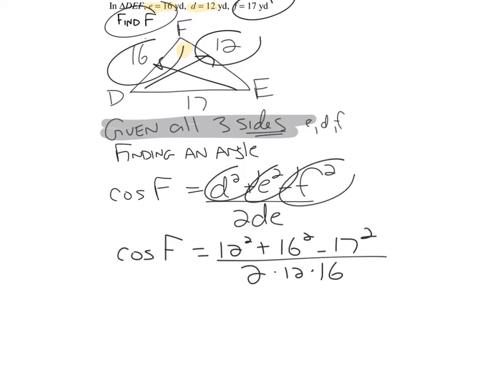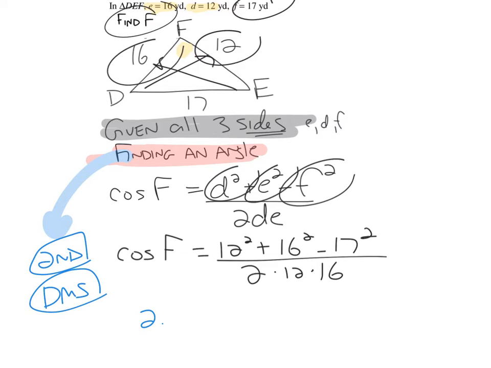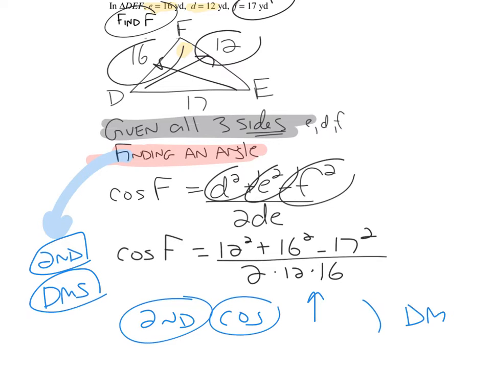And we're finding an angle, that's the key. So when you're finding an angle, you have to remember to first press the second button, and then you have to DMS your answer. So here press second and then cosine, enter in this expression, close the parentheses, and then remember to DMS your answer. Take a minute, enter that in, and see if we can find angle F.